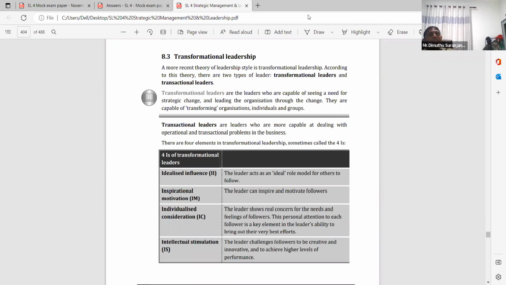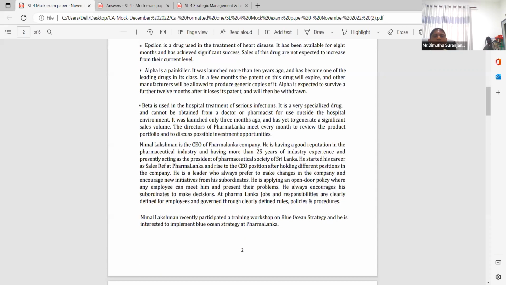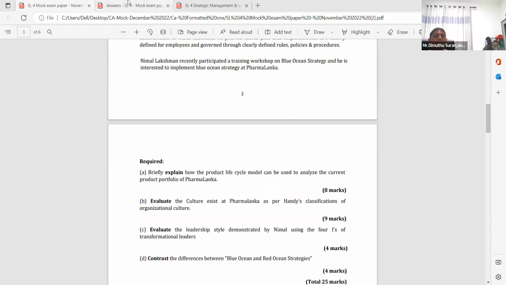Then individualized consideration. The leader is giving individual attention. Here it was mentioned, open door policy. Somewhere it was mentioned that an open door policy was a plan. See here. That means you give individual consideration to each one's requirements. Right.